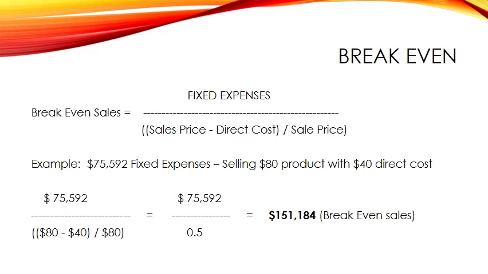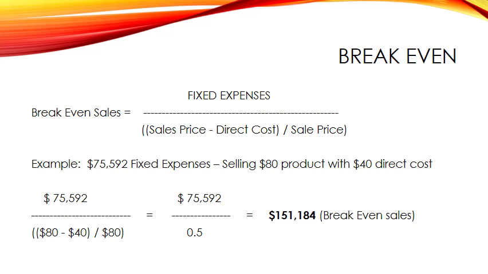So in the last line there, the fixed expenses are on the top, and it's divided by the $80 minus the 40, divided by 80, and that's going to give us the contribution margin, which is the 0.5 that you see at the bottom of the screen there. So if we've got $75,000 or $76,000 that we need to cover in fixed expenses, it basically is saying that we make about 50% gross profit on that particular product.